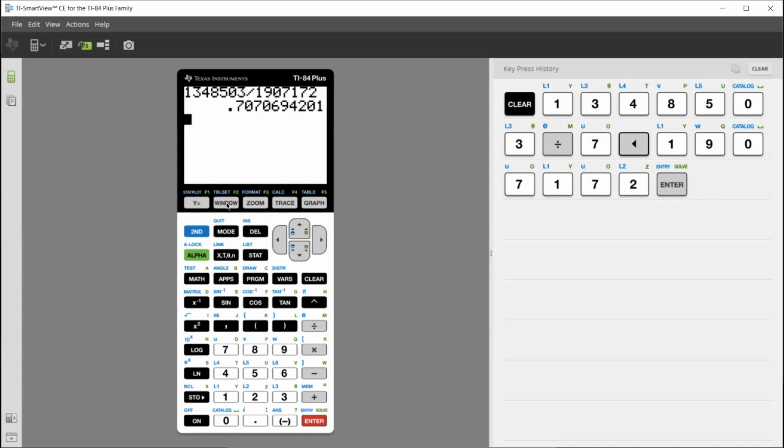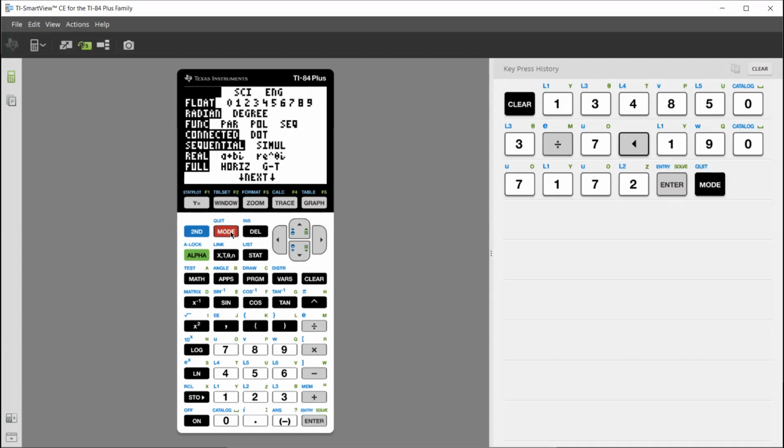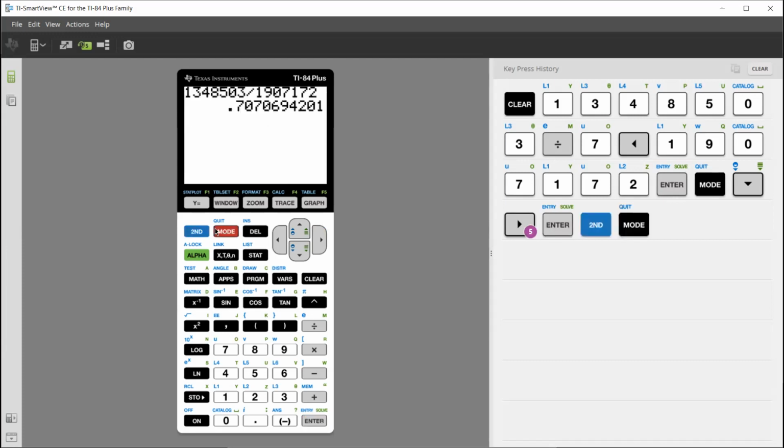If I want to set my decimal places, you can go to mode and set your decimal places on 4 if you choose. And then I can go back, grab this answer here. And there's my decimal, okay? And to get my percent, I just multiply by 100.